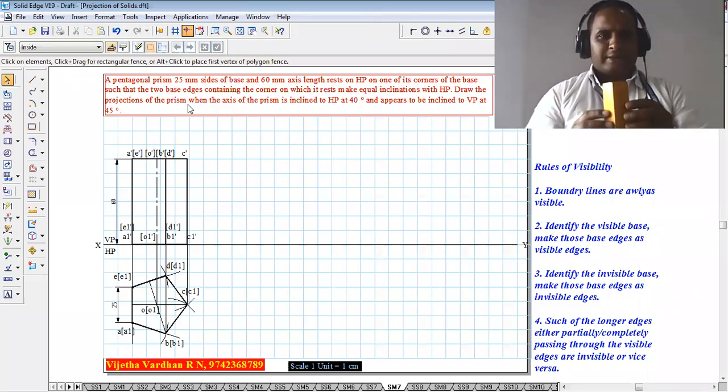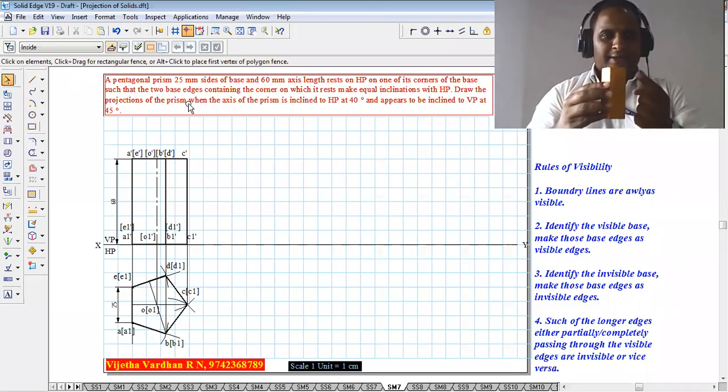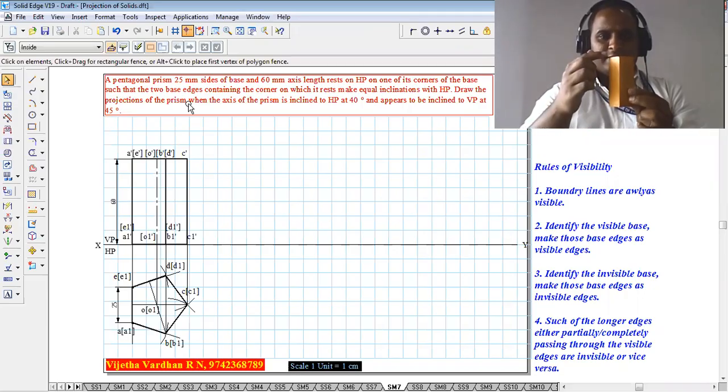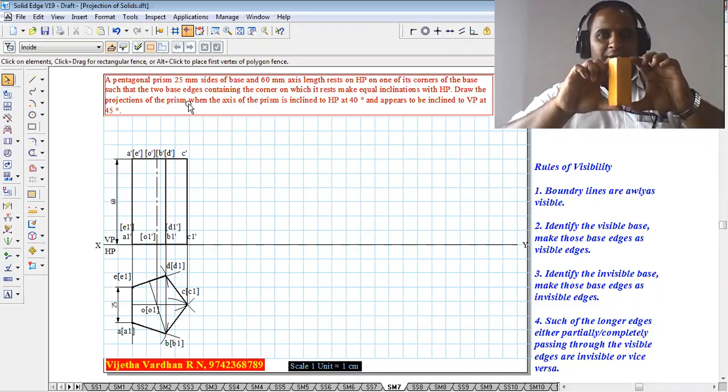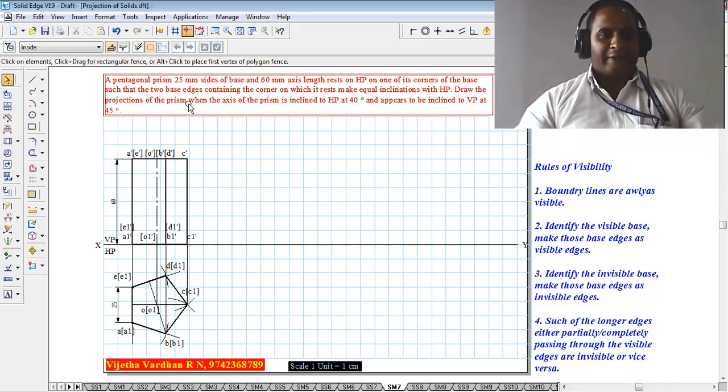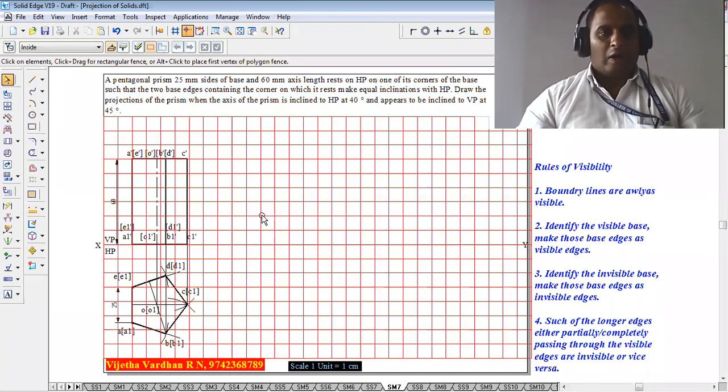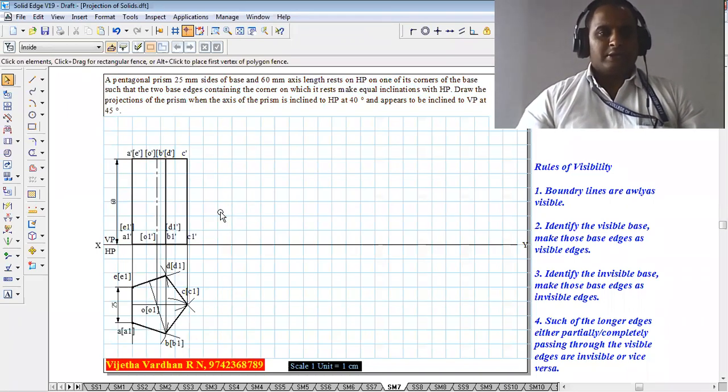Now I have marked the points as A1, A, B1, B, C1, C, D1, D, and E1, E. Whereas EE1 as well as DD1 are the invisible edges behind the visible edges. Now afterwards, we can say that the initial position is completed.